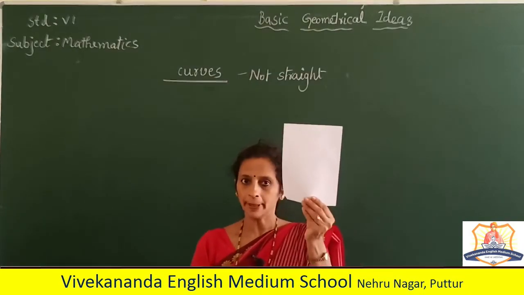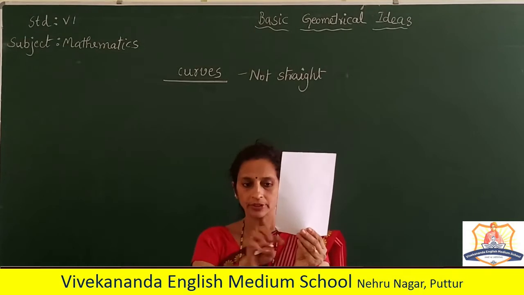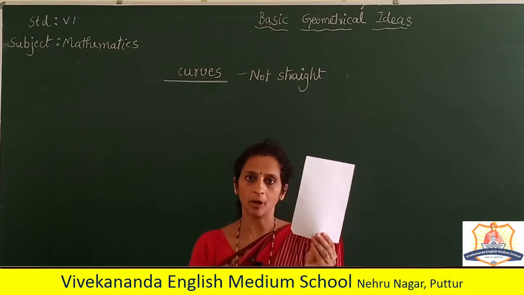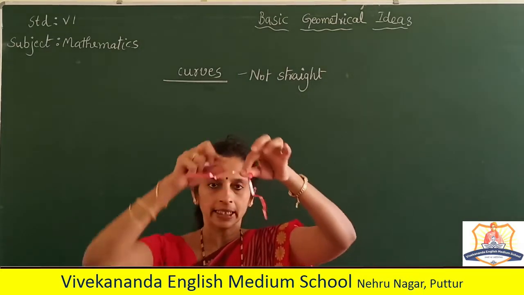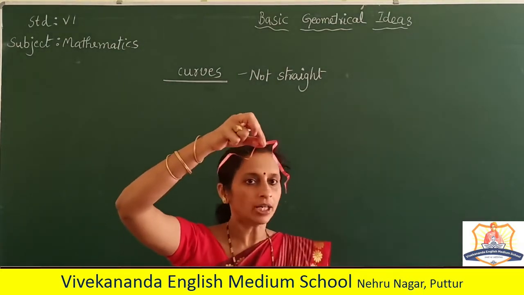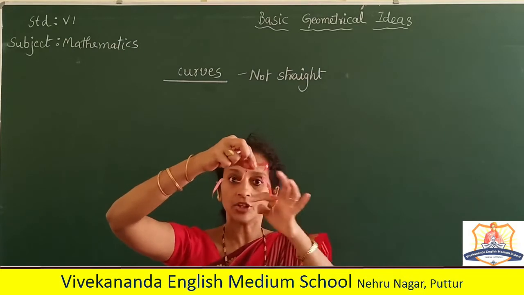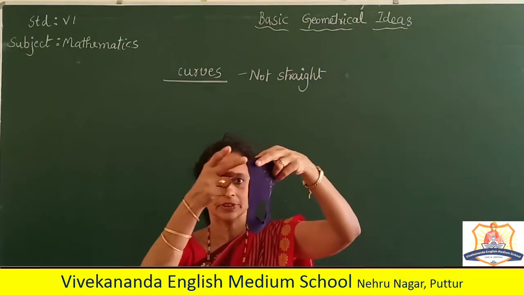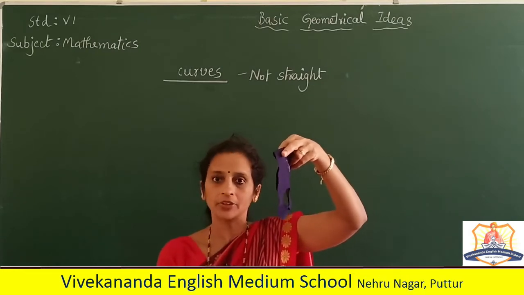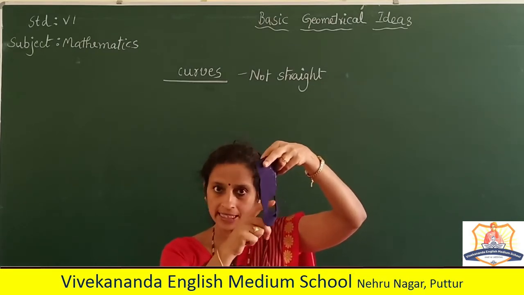Now this is a paper. The boundary of this paper is bounded by straight lines. Now this is a ribbon, and it is not straight, it is a curved one. And here it is a mask. The edges of this mask are curved. Even here you can see a circle.